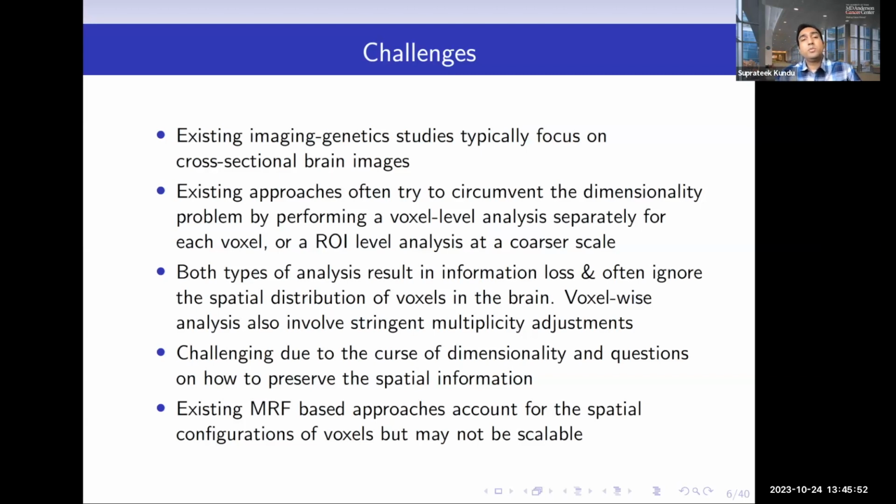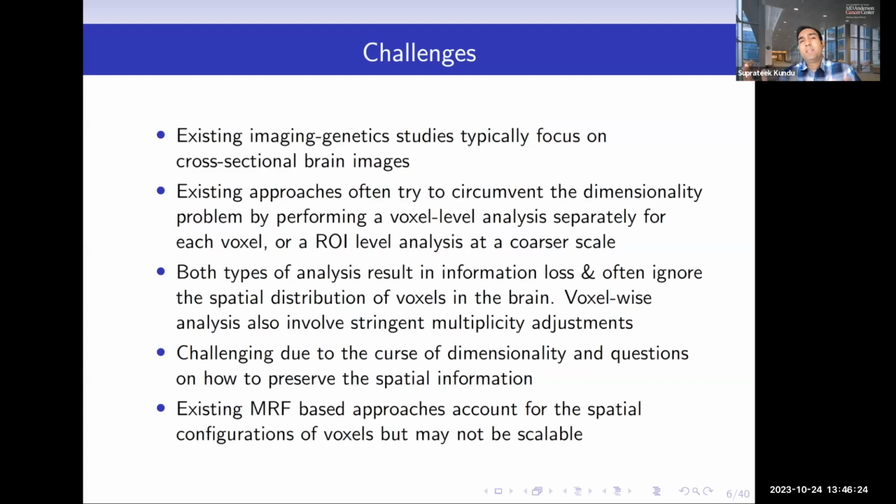And then most of these existing approaches try to circumvent this dimensionality problem that is very evident by either doing a voxel-wise analysis separately for each voxel. So they would take the imaging data from one voxel at a time and run the analysis, and then do multiple comparisons, or they would do ROI level analysis. So they will not look at the voxel, they would look at a coarser level ROI. Each ROI is a summary of several hundred voxels contained in that region.